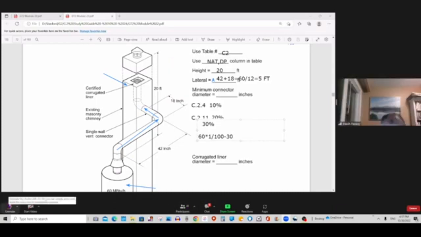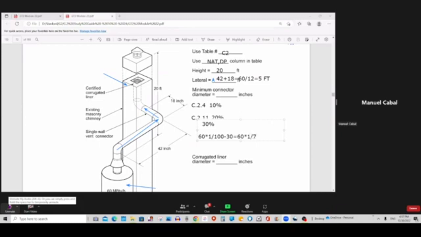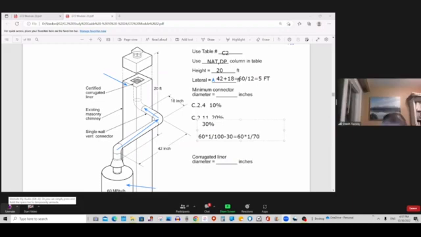So it's equal to 60 times 1 divided by 70. So how much is it going to be? 85.7.